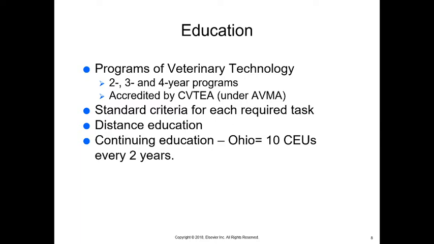We do have to go through inspections every 5 years to make sure that we're on track and our graduates are doing well. There is a standard criteria required for each task. So every skill that you are required to perform has standard criteria, and you must be evaluated on that criteria. There are over 250 skills that we are required to evaluate you on.